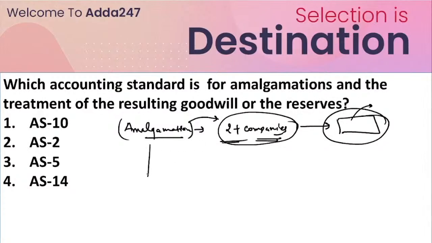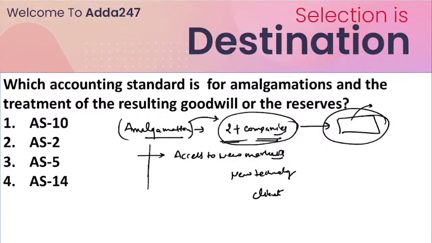And what are the benefits of amalgamation? A new entity gets access to new markets, access to new technologies, access to new clients, and eliminating competition.